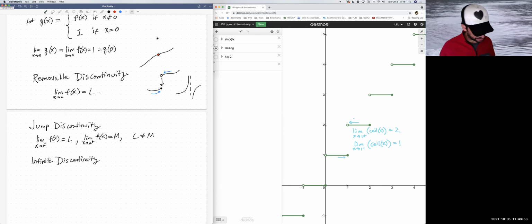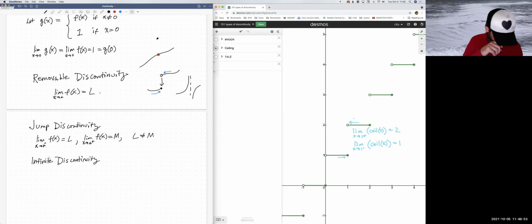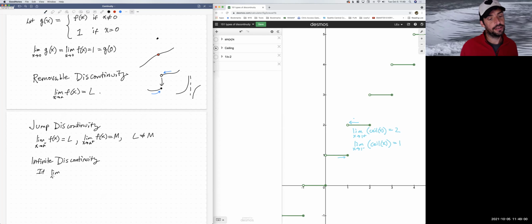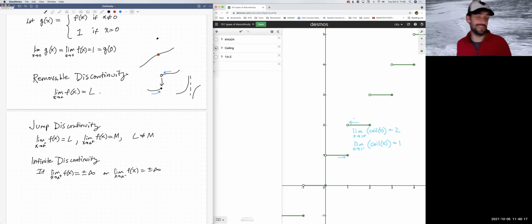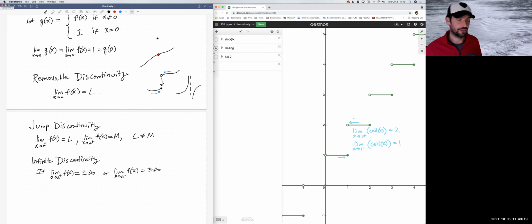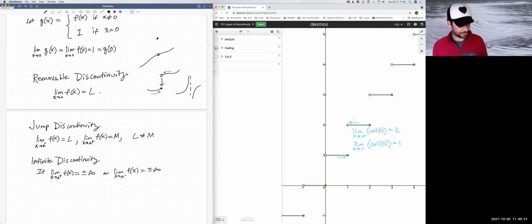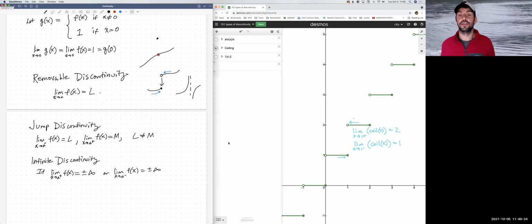And we have that if the limit as x goes to a from above of f of x equals plus or minus infinity, or the limit as x goes to a from below of f of x goes to plus or minus infinity. Remember, this means that the limit doesn't exist, but that we can make the function as large in either the positive or negative direction as we want.